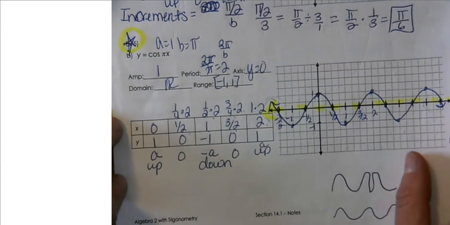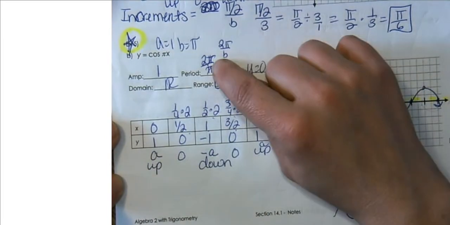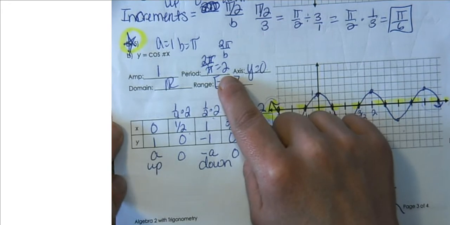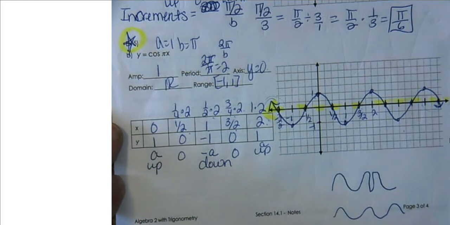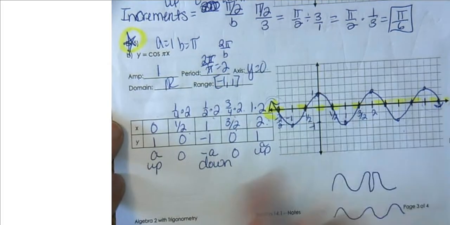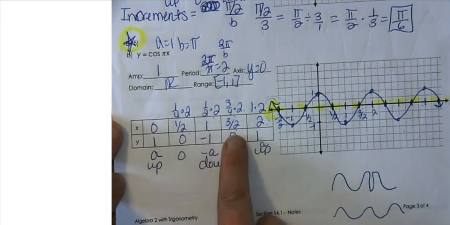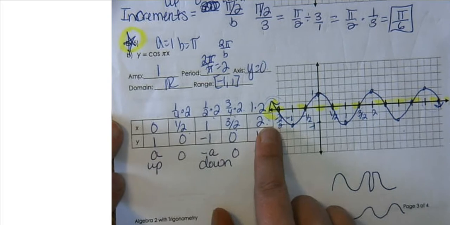For example number 5, our a value is 1, our b value is pi, so the period is going to be 2 pi divided by pi. The pi's cancel away, leaving you with the number 2. Y equals 0 will be your axis. We use that period of 2 to help us come up with our x values of 1/4 times 2, 1/2, 3/4, and 1. So we end up with 1/2, 1, 3/2, and 2.